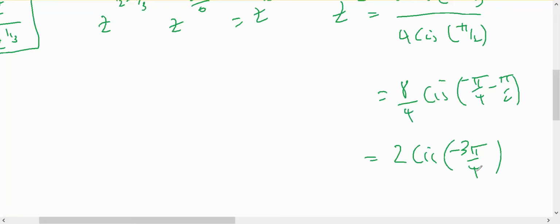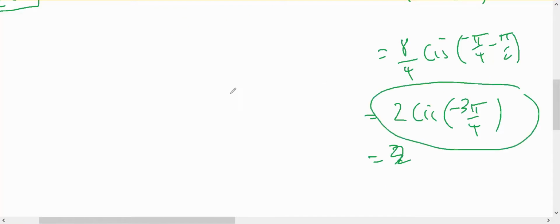which is one answer. The other answer is, well, there's 6 answers. So this is one of the 6 answers that I could come up with. This one here happens to be 2 cis of minus 3 pi on 4.